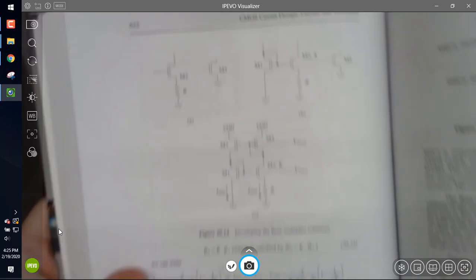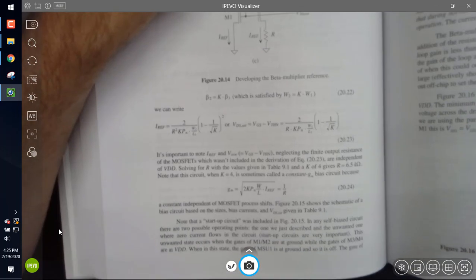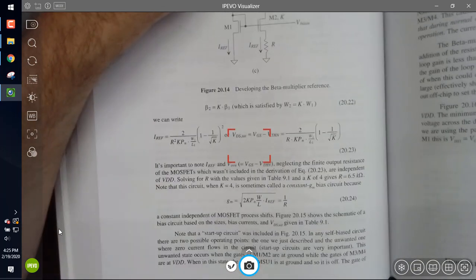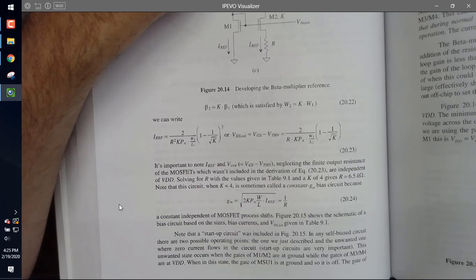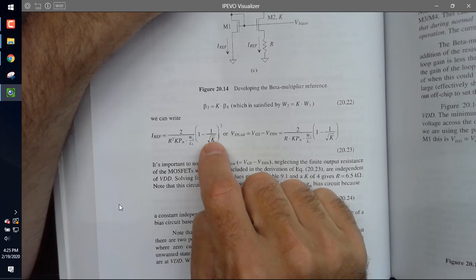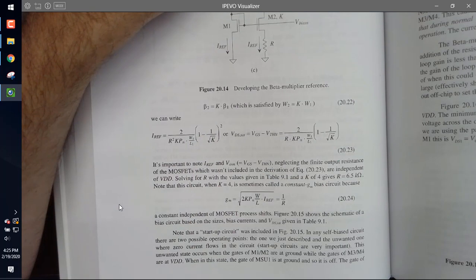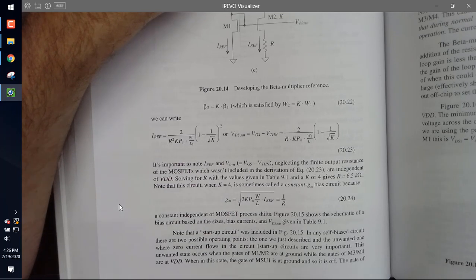Okay, so let me just show you where we are in the book. We just arrived, and again, I used K. And so we got to right here. For M equal to 4, that's 1 over 2. 1 minus 1/2 is 1/2. Okay. All right, I'm having a brain fart here.